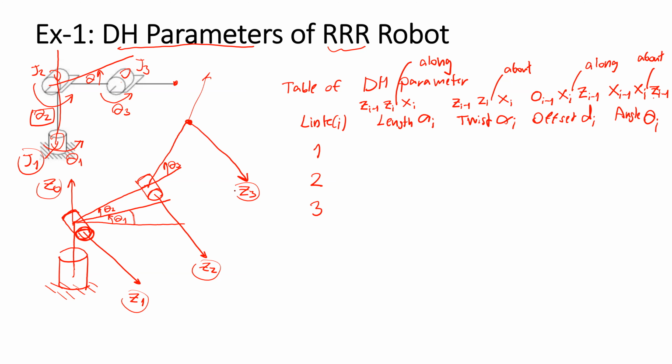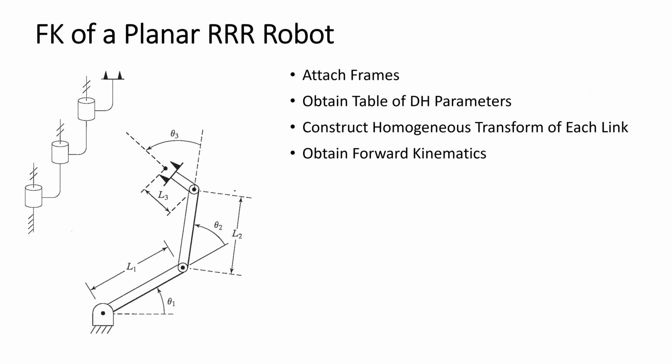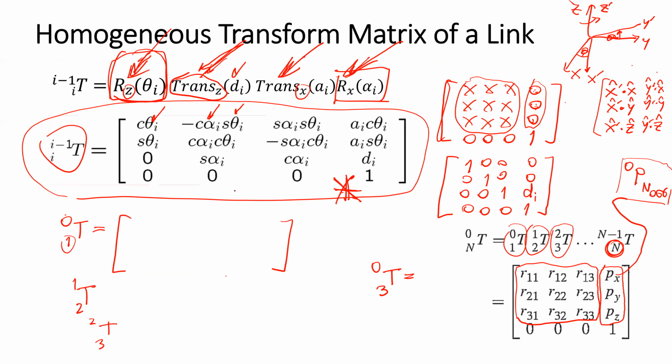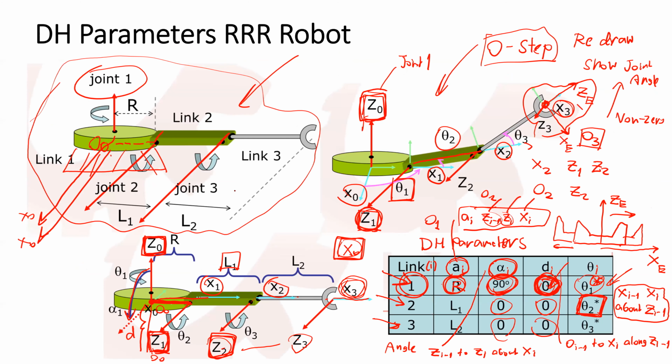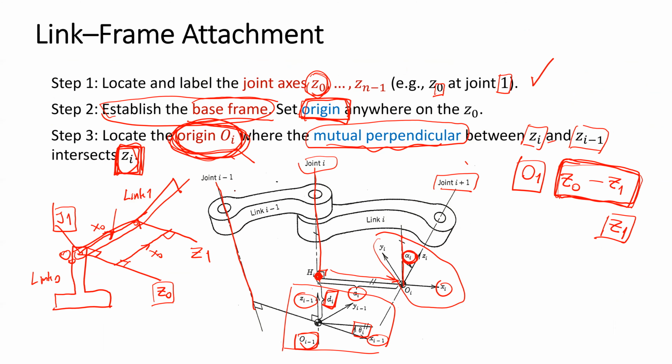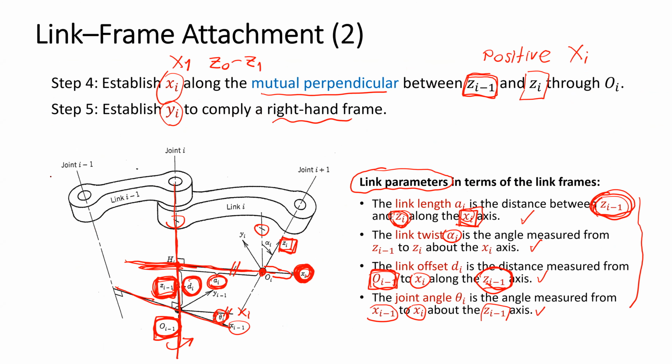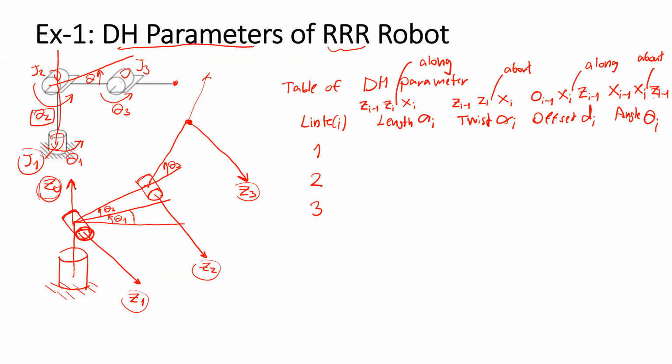The second step is to locate the base frame. Okay, now the z-axis is in the vertical direction, so I can write down the base frame.